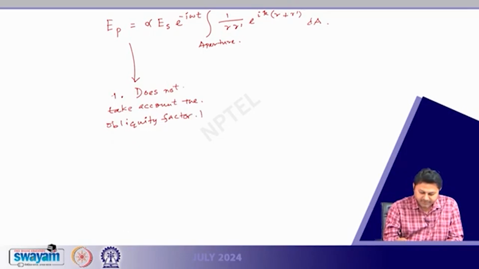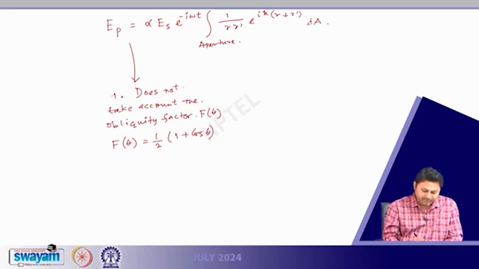Normally we write this obliquity factor as f theta, and f theta is half of 1 plus cos theta. So, what is the obliquity factor?